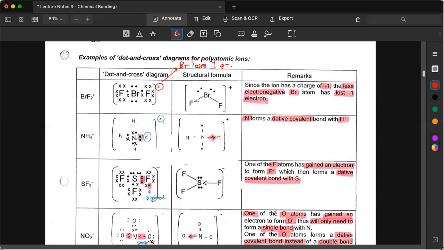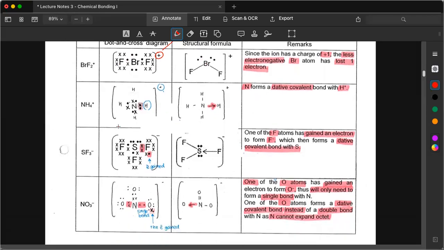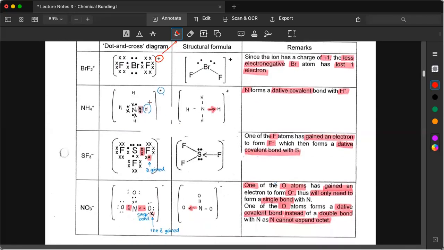So for bromine, it has 2 lone pairs, and fluorine retains the 3 lone pairs for each atom. Because bromine is less electronegative, it will lose that 1 electron. NH4+, we went through that just now when we discussed dative bond.